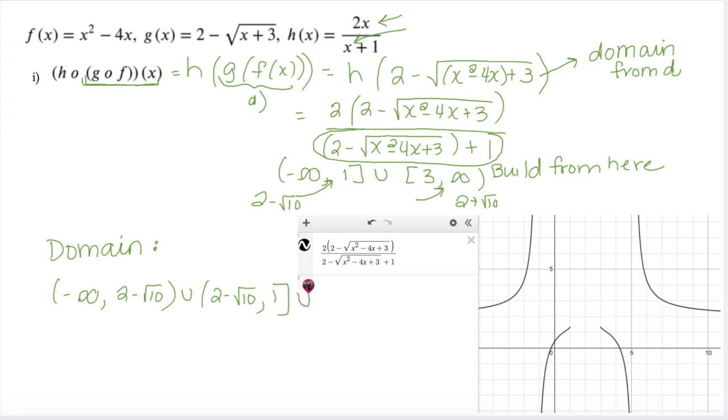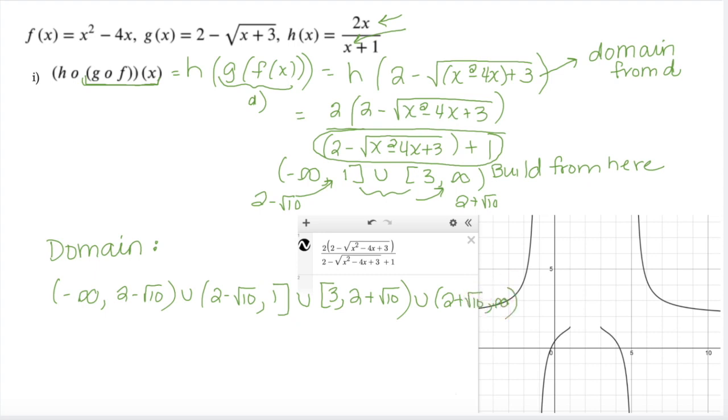Skip over because now we're at this location from 3, pick up where we left off, to 2 plus square root 10. Here's our second asymptote. And then 2 plus square root 10 to infinity.